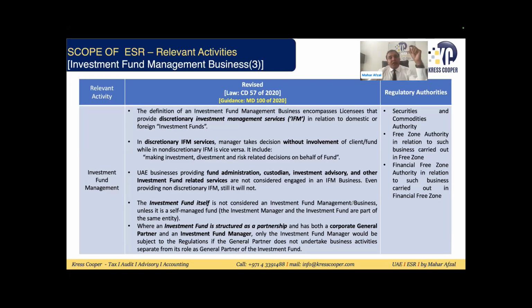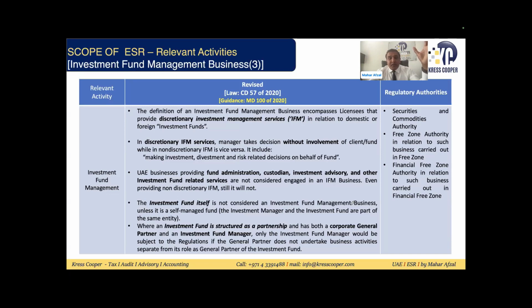I'm repeating, if any fund management company is providing discretionary investment fund management services, then it will be subject to ESR. Otherwise, it will not be subject to ESR. So what is discretionary investment fund management? In discretionary investment fund management services, the fund managers are taking decisions without the consent of the customers.